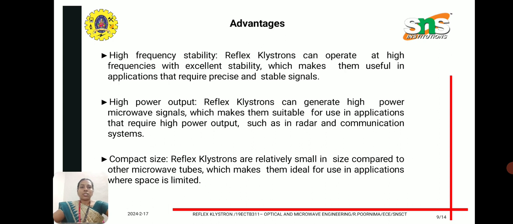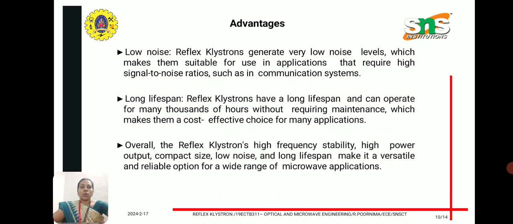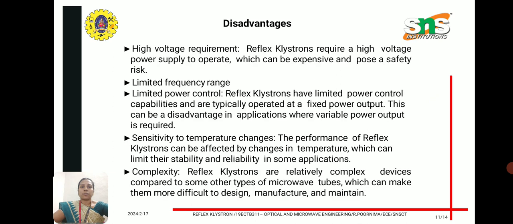Some advantages of this reflex klystron are high frequency stability, high power output, compact size, low noise and long lifespan. Overall, the reflex klystron is a reliable option for a wide range of microwave applications.